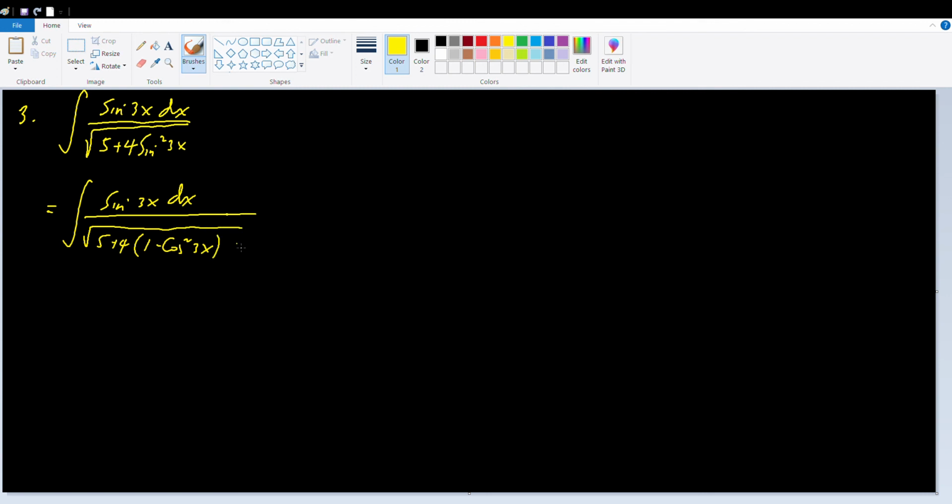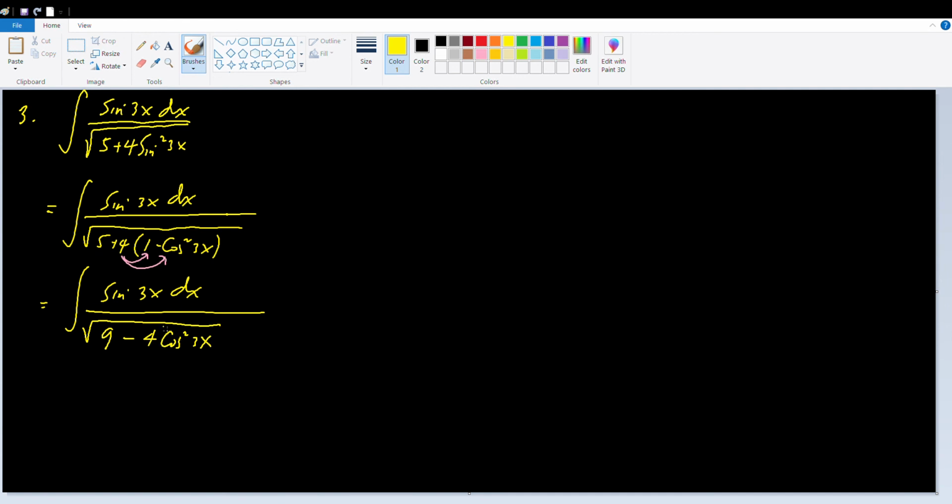So we write sine 3x dx all over the square root of, if we are to distribute 4 inside the parentheses, we'll be getting 5 plus 4, or equivalently, that will be 9 minus 4 cosine squared of 3x.